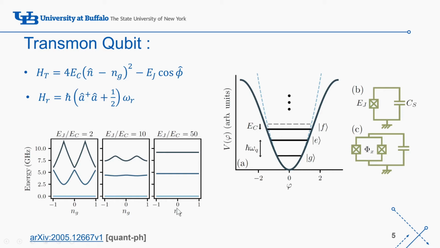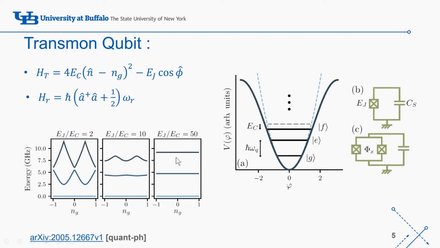If there are any fluctuations in the charge, then based on the dispersion of our energy levels with respect to the charge, we see how much influence this charge noise has on our qubit. If we increase the EJ by EC ratio, as we go higher, this dispersion goes more and more flat, and we basically don't see any influence of the charge noise, which is one of the interesting characteristics of the Transmon qubit.